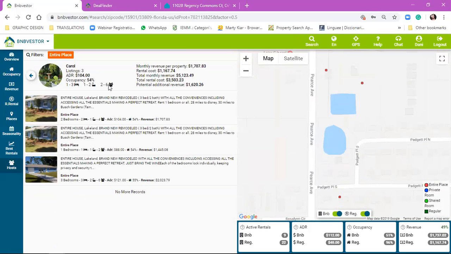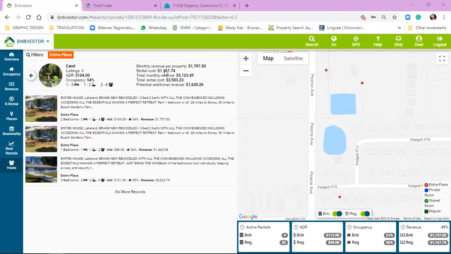Okay, we got another zip code there. Then it gives us a monthly revenue per property of 1,700, rental cost per property of 1,167. And remember, these are averages, okay?